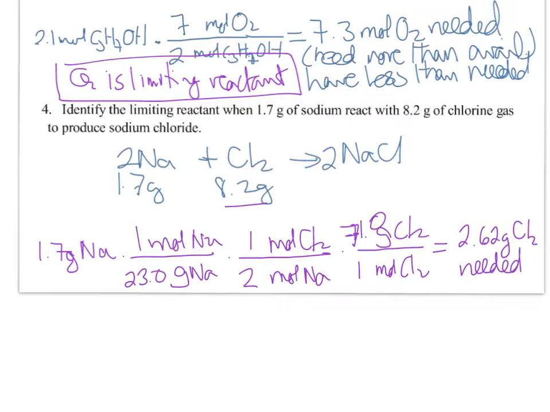So what does that mean? This means that if I use up all of my sodium, I would need 2.62 grams of chlorine to react with it. Do I have enough? I need 2.62. I have available 8.2 grams. Do I have enough? Yes, I do. I have plenty of chlorine. That means chlorine is not limiting me.